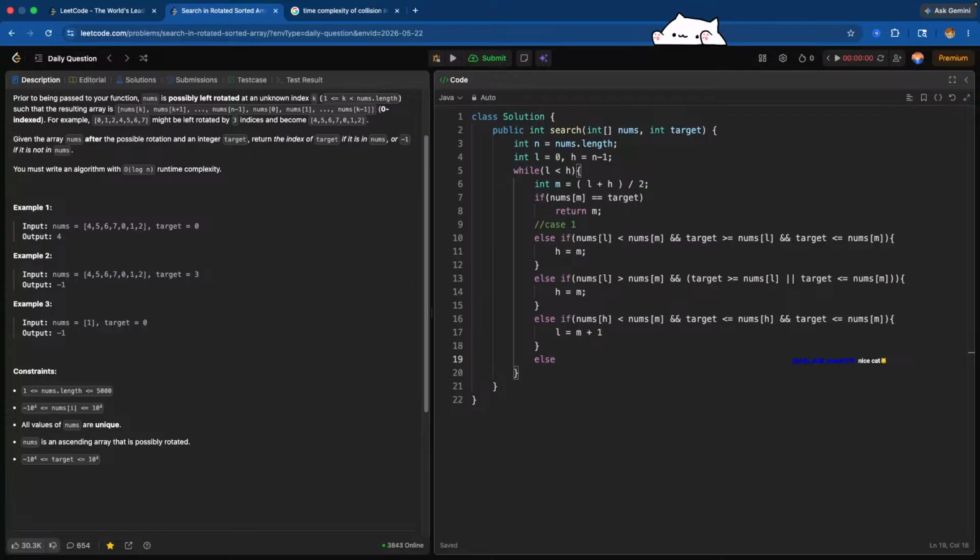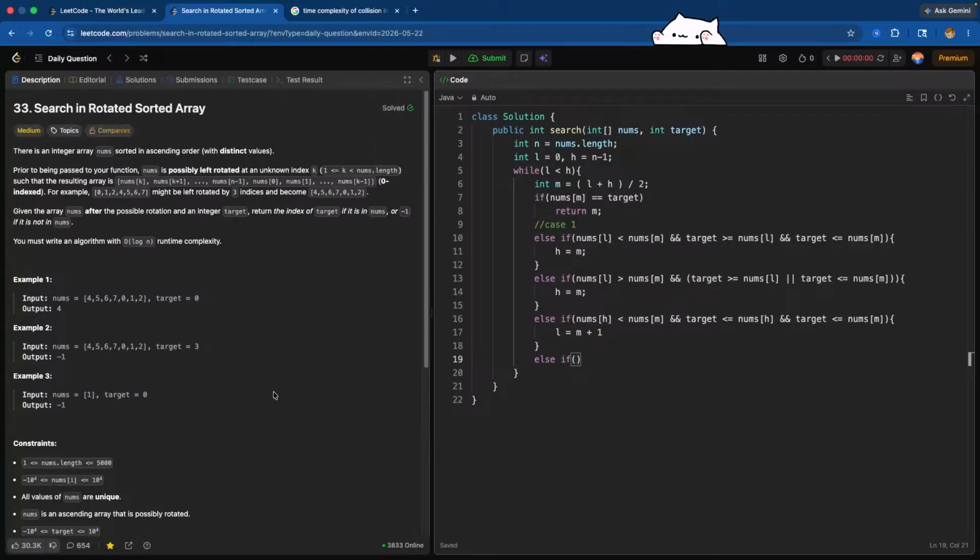Else, if this was lower and the middle one was higher.